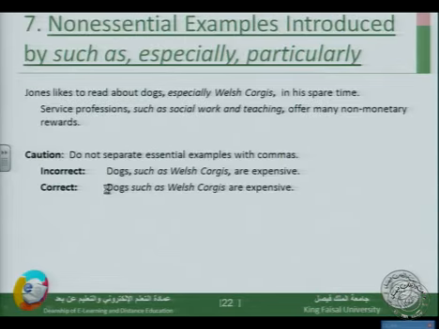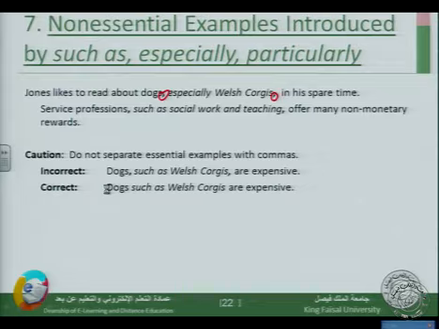We also put commas with non-essential examples introduced by such as, especially, particularly. Notice we use them with these expressions. For example: "Jones likes to read about dogs, especially Welsh Corgis, in his spare time."